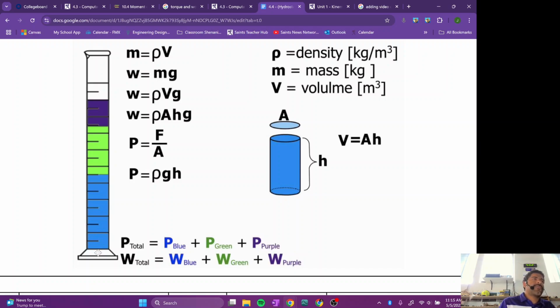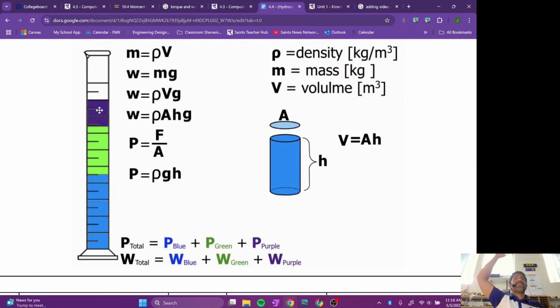The force of gravity. Of what? The atmosphere. Well, where am I? I'm at the bottom of this fluid. So is it just the weight of the atmosphere? Yes, it's the weight of all fluids above me.